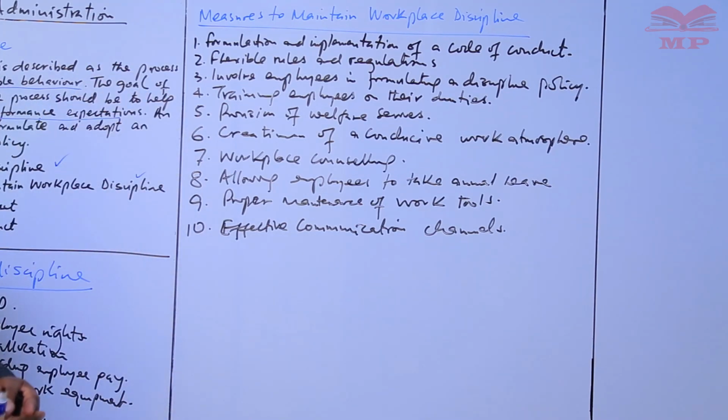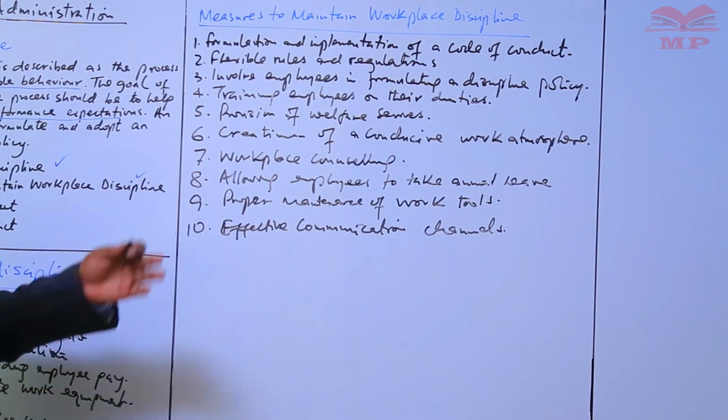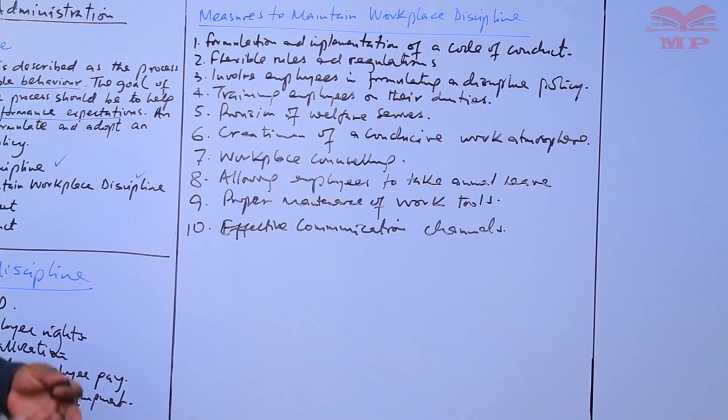Training employees on their duties so that they can perform their duties effectively. Provision of welfare services, creation of a conducive work environment, workplace counseling, allowing employees to take annual leave so that they can rest and recuperate, proper maintenance of working tools, effective communication.